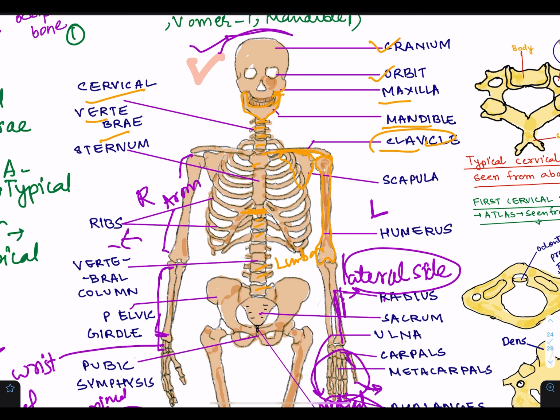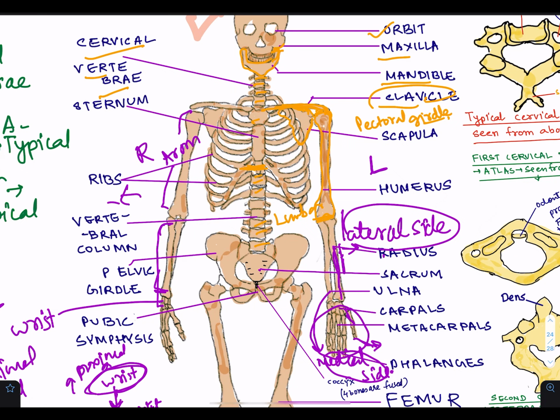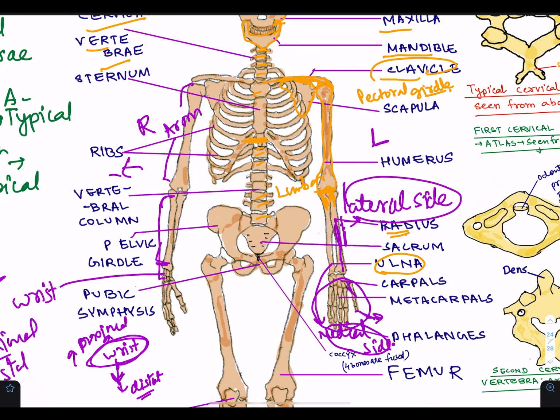So the scapula, humerus and clavicle, they all constitute the pectoral girdle. This is known as pectoral girdle. Here we have the elbow joint, the humerus, and the lateral bone is known as radius, and the medial bone is known as ulna, radius and ulna. This radius and ulna constitute the forearm.